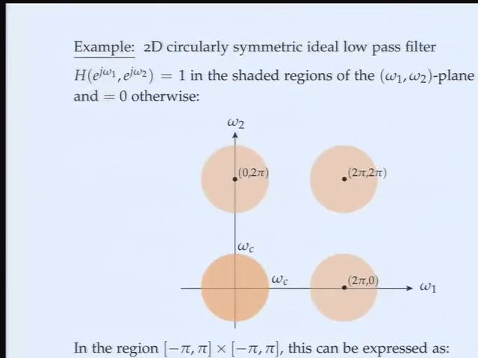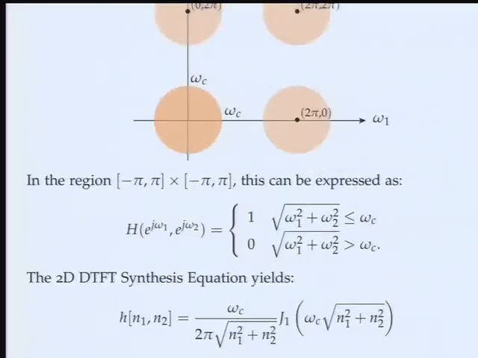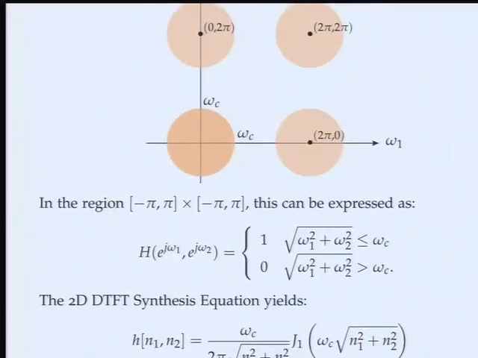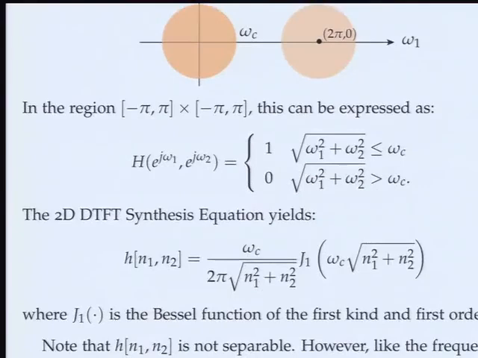Some patient people did that. Wasn't me. So this is the expression. If I restrict myself to the box between negative pi to pi and negative pi to pi in both dimensions, and everything else is a copy of that box, then the function can be written in this form, which is straightforward. And if you insist on doing the double integral to get the impulse response h of n1, n2, the inverse Fourier transform, this is what you find.